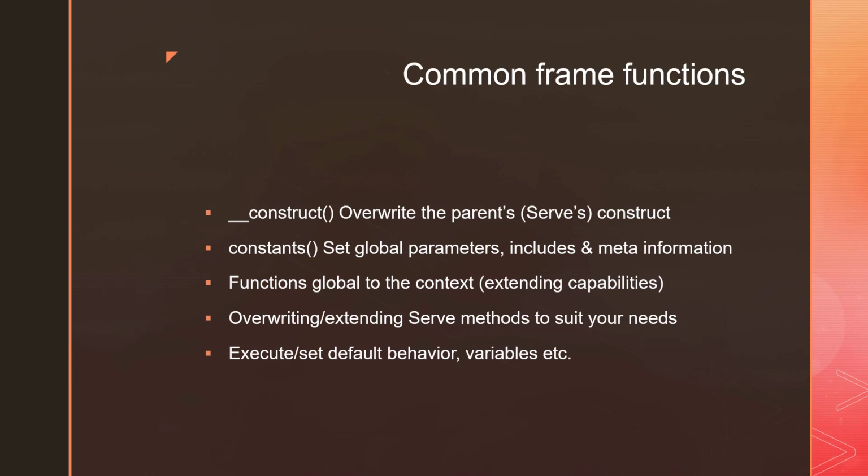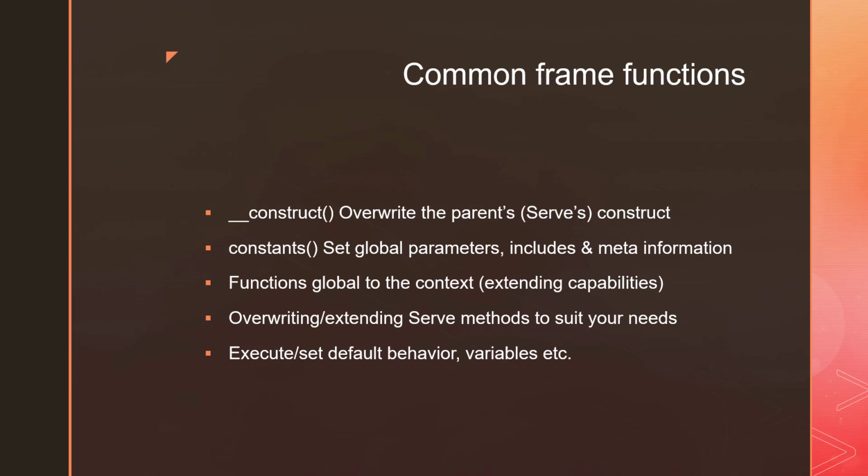Now there might be a logical necessity to say I simply want to extend what serve does, so I will overwrite the construct function, call the parent's construct, and place additional functionality in there that I simply want to ensure is loaded. For example, initiating particular checks. Let's say it's a completely restricted system. Or maybe I just want to initiate a session at this point, or load particular apps, stuff like that.